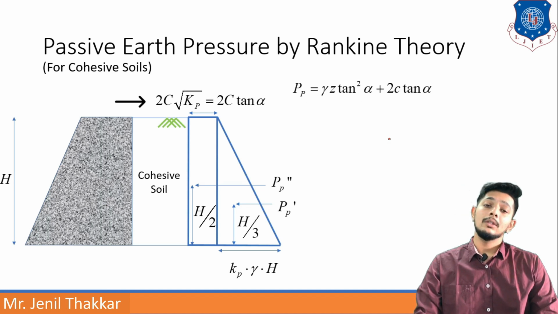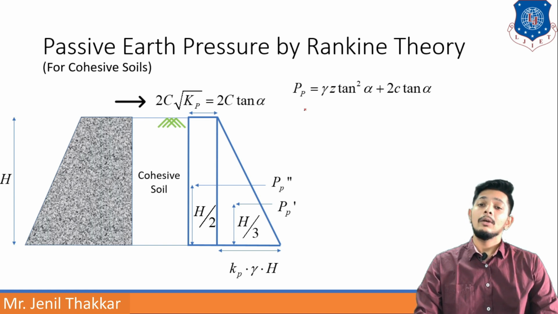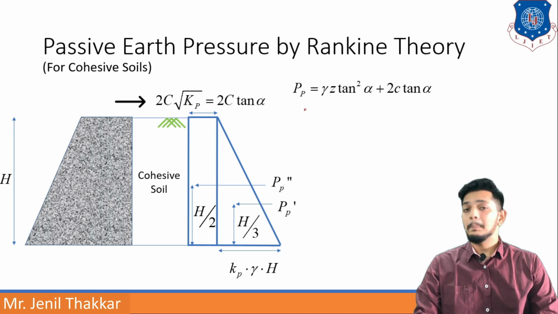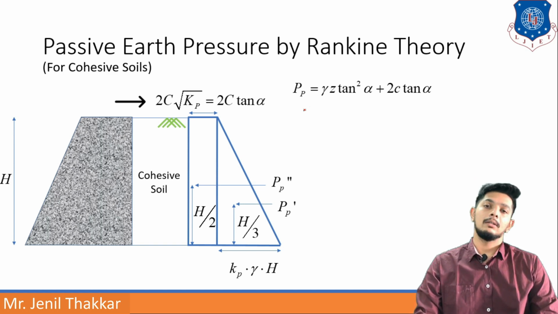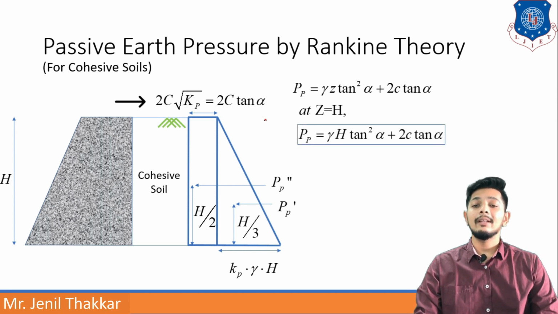Furthermore, we can use the same formula to find out the pressure diagram. How can we plot this pressure diagram? Let us understand that we have the equation Pp is equal to gamma z tan square alpha plus 2c tan alpha. Here, if I want to find out at the base, z is equal to h height, I will get Pp as gamma h tan square alpha plus 2c tan alpha.